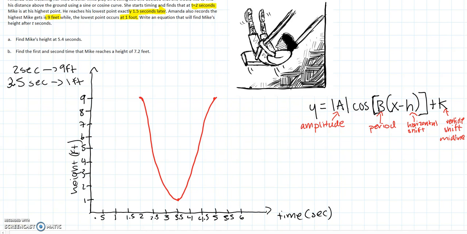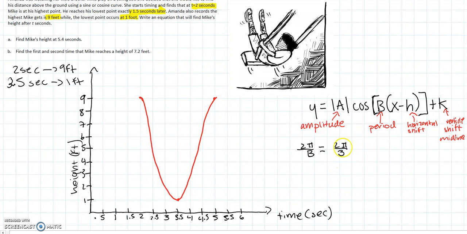Before we start figuring out what goes where, we are going to find our period. And the way you find your period is with the equation 2 pi over b. For our graph, we are going to input 2 pi over 3.